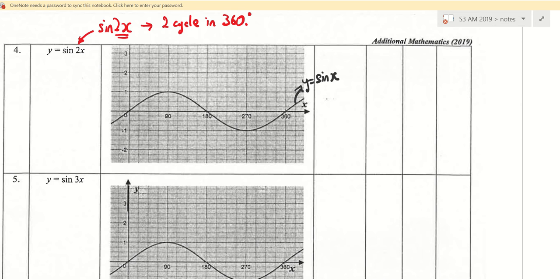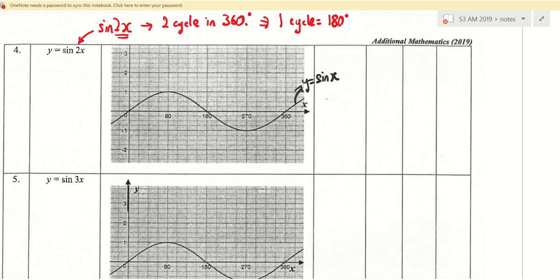Inside the sine means there are 2 cycles in 360. So if there are 2 cycles in 360, what about 1 cycle? Divide by 2, which is 180. That means now in 180 itself, I have 1 full cycle.